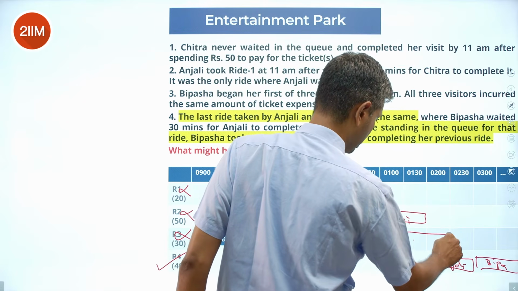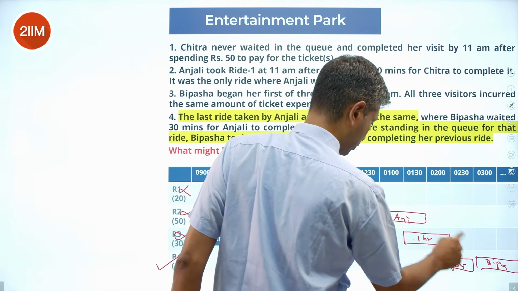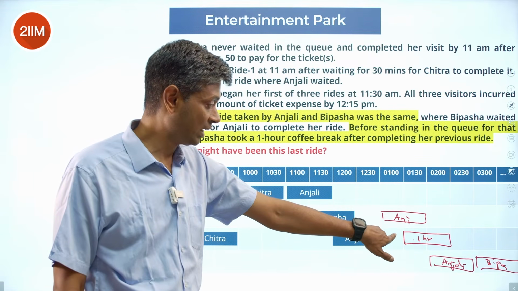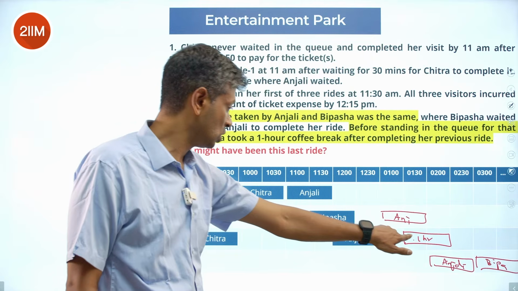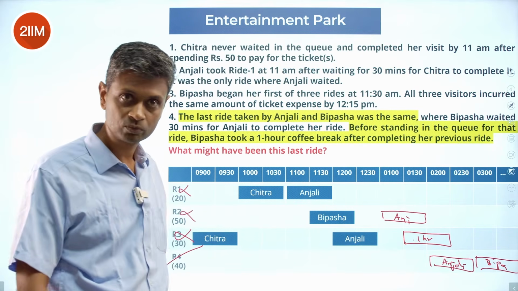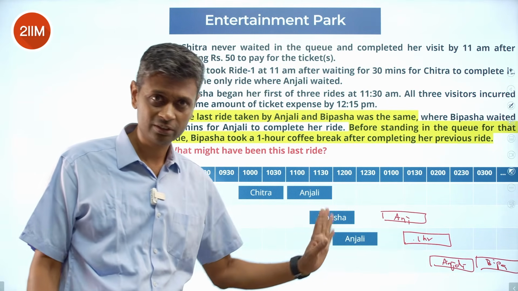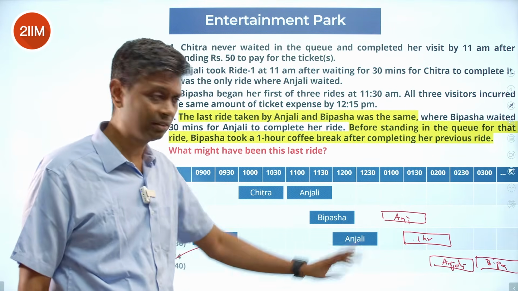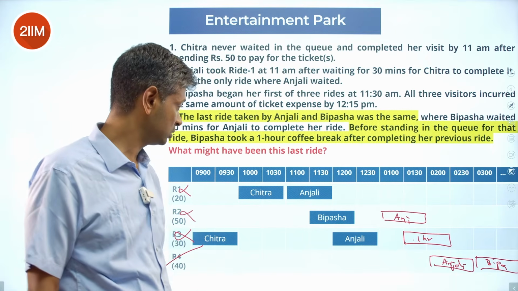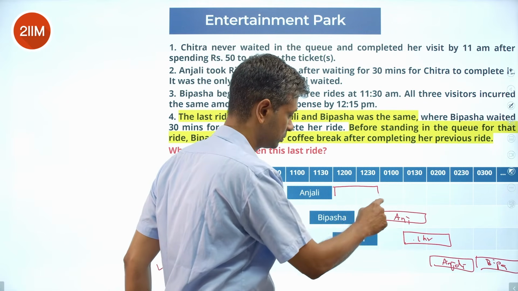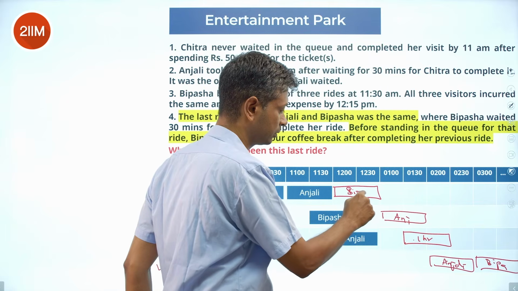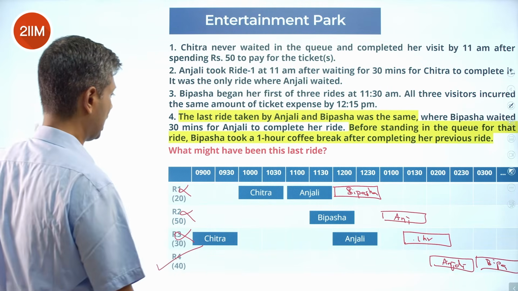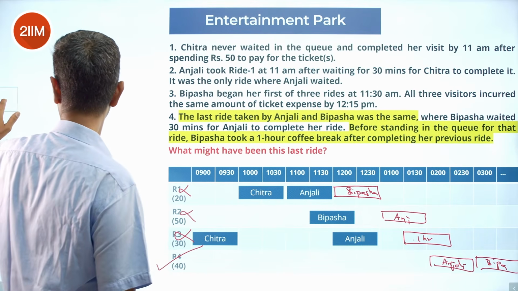She has a coffee break for 1 hour, waits for half an hour, and then there is a 1 hour gap here between her R2 and beginning of her coffee break. Coffee break somewhere, 1 hour, not necessarily here. Right? In this window, she could not have done R3. She's doing R4 later. She should have done R1 here. So I'm getting the R1 location wrong. I will fix that.